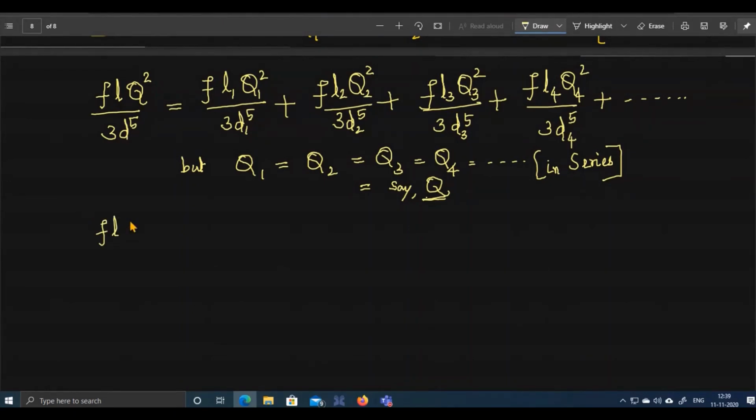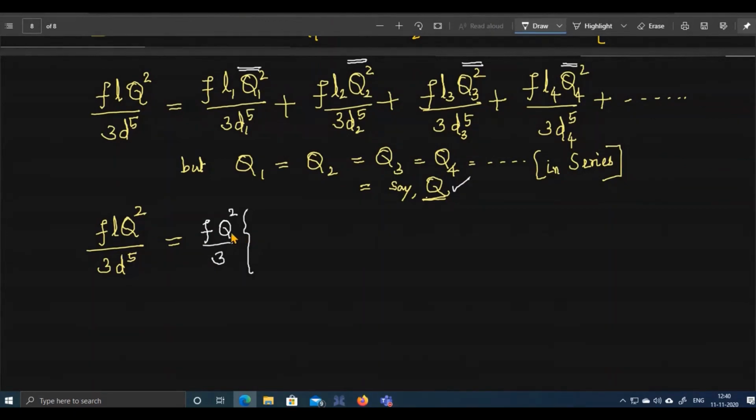So what do we do? fLQ square divided by 3 times diameter raised to 5 is equal to the right hand side. What is common now? Replacing Q1, Q2, Q3, Q4 by the letter Q, on the right hand side I can have common f into Q square divided by 3. That much is common in all the terms. Earlier f and 3 were common in all the terms on the right hand side.